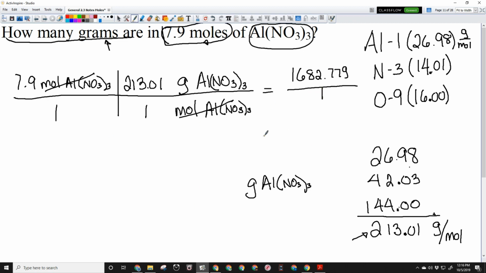Okay. So we have 1,682.779 is our numerical answer. All right, so how many sig figs do we want? 2. All right, here's 1, here's 2.